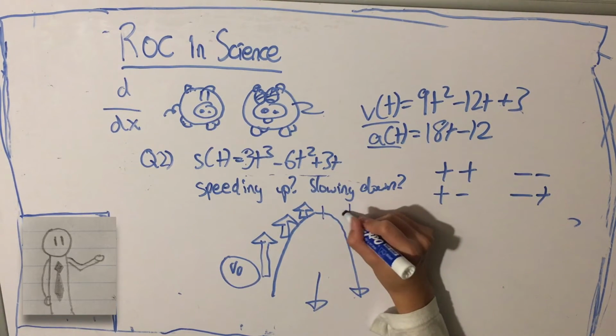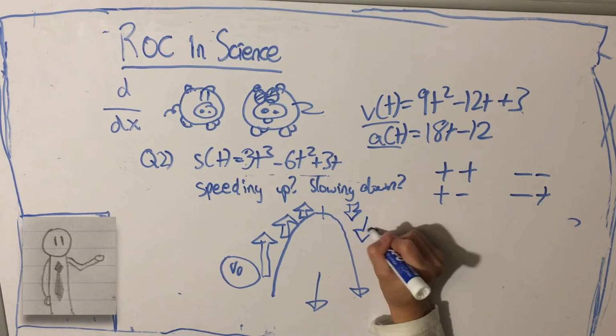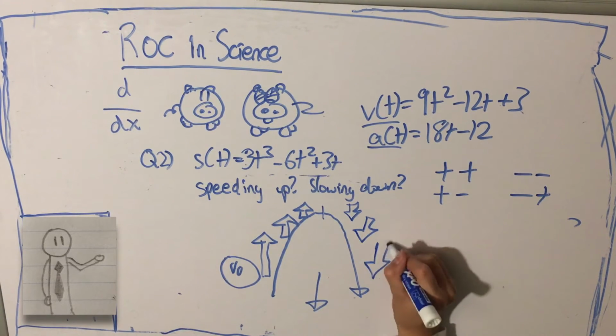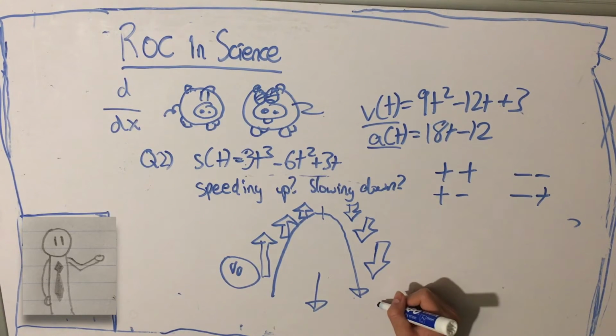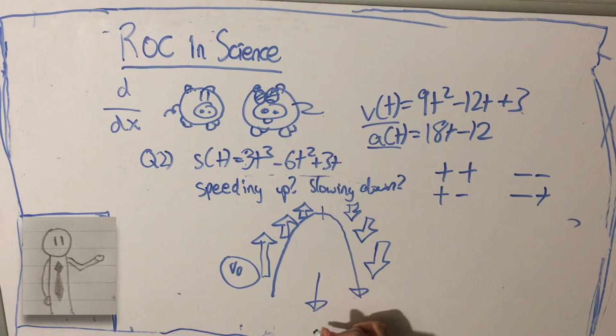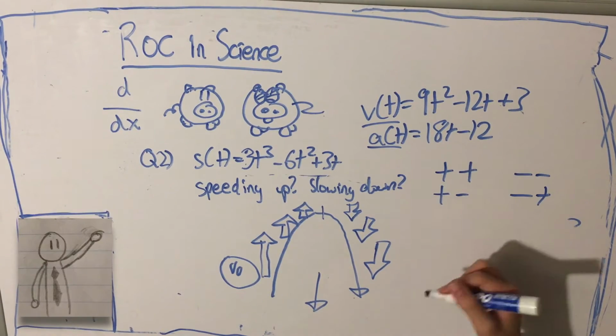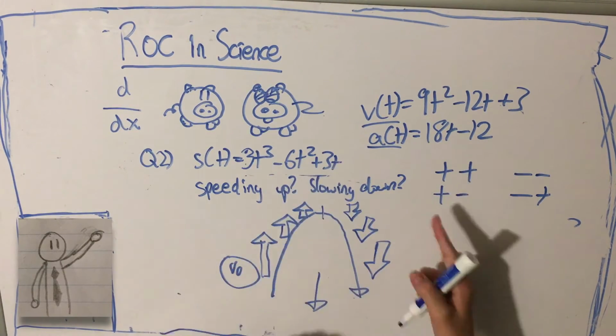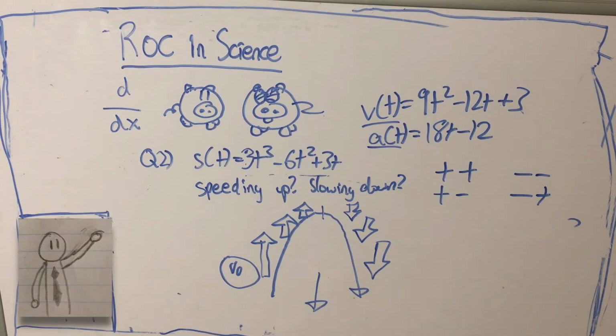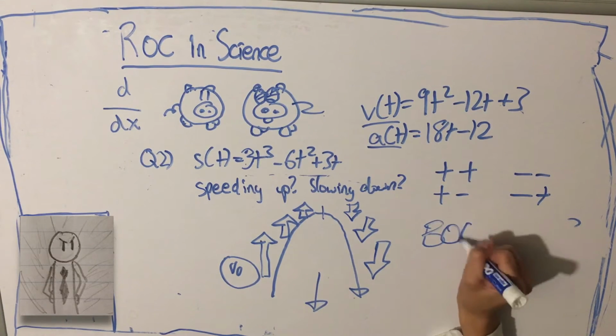However, when it reaches the peak of its motion, it starts falling down, and as it falls, it goes faster and faster, because the velocity is negative and acceleration is going down. See how when velocity and acceleration are against each other, they're going to slow down, but when they're in the same direction, they're going to speed up. Boom.